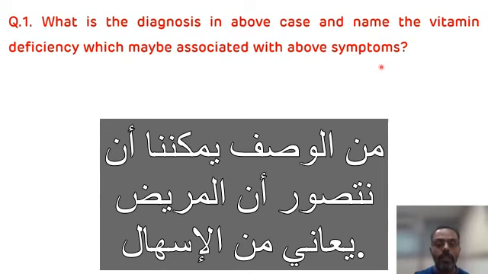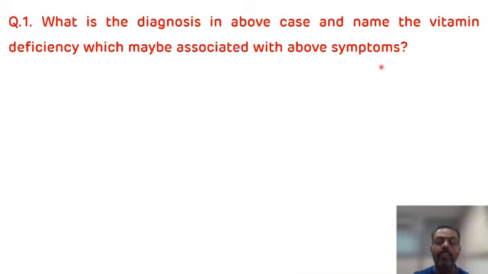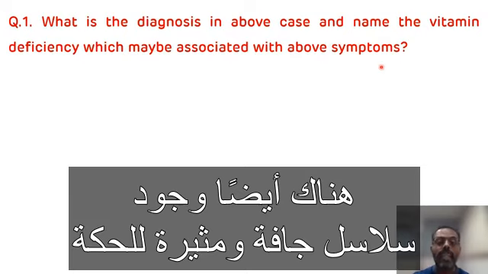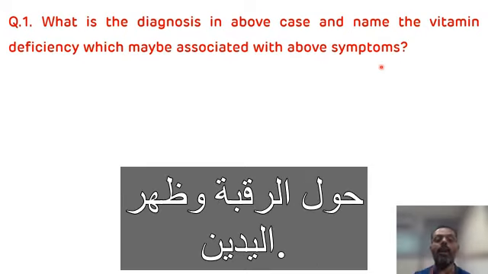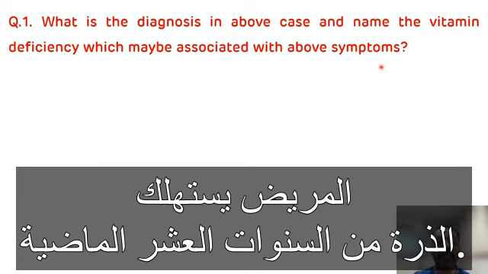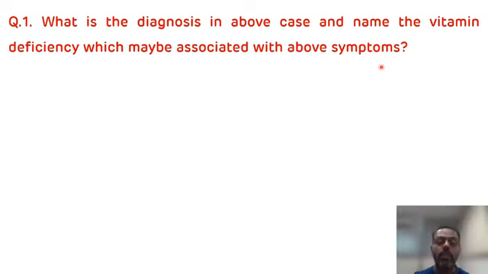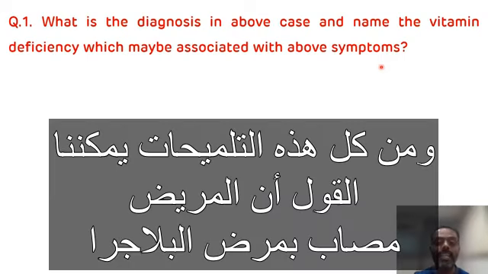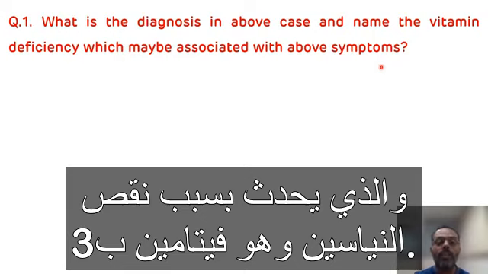From the description, we can see that the patient is having diarrhea. There is also presence of dry, itchy, scaly lesions around the neck and dorsum of the hands. Another hint given in the description is that the patient is consuming maize for the last 10 years. From all these hints, we can say that the patient is having pellagra, which occurs due to the deficiency of niacin, which is vitamin B3.